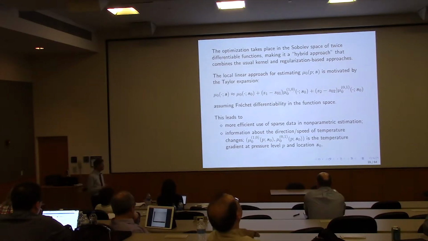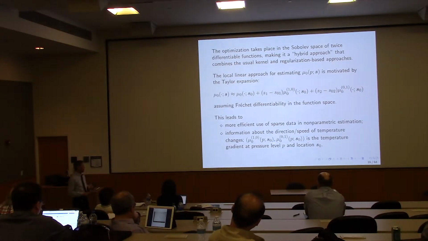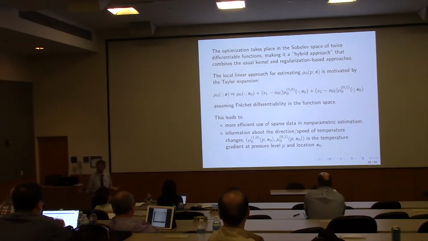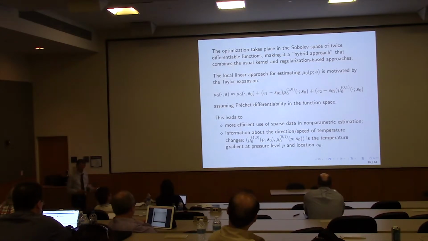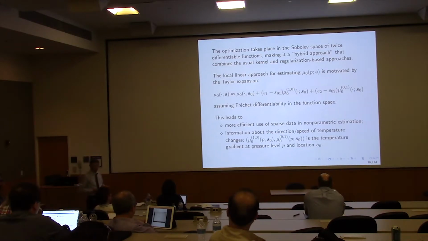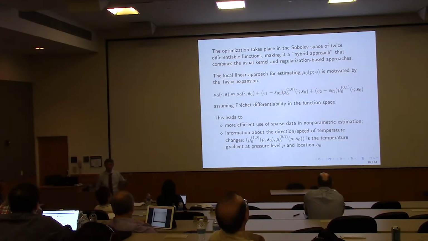And moreover, the information about the direction and the speed of temperature change is actually captured by the gradient. So the gradient of the mean function comes out as a byproduct in non-parametric estimation, and it's actually useful. It has meaningful physical interpretations, and I'll show you a picture in a moment.